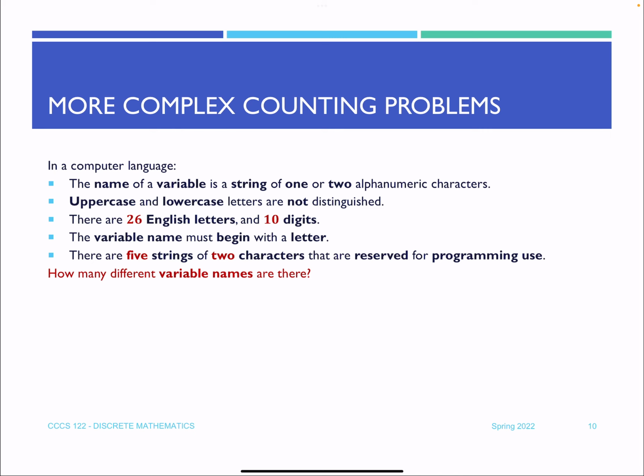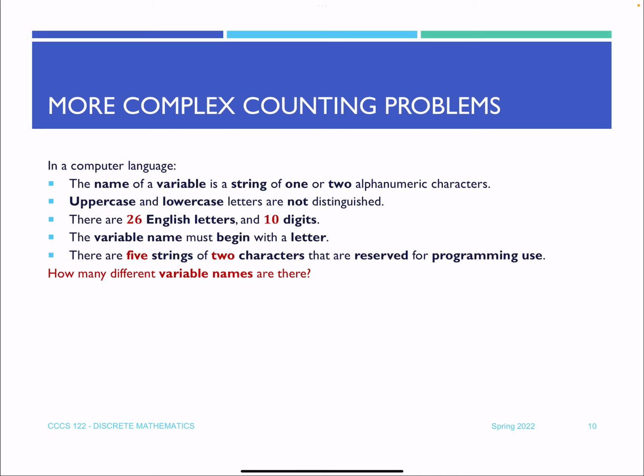Okay, let's get into a slightly more interesting problem. It's still pretty simplified, but let's say we have a programming language, a computer language, and the name of a variable has to be a string of either 1 or 2 alphanumeric characters. And there are some rules, like rules in every programming language.